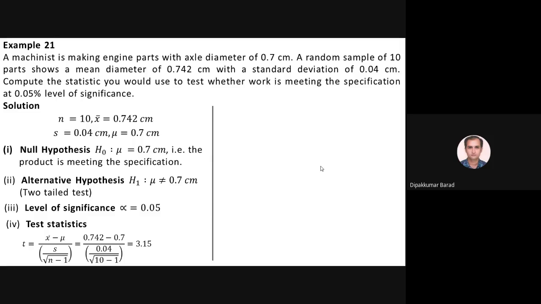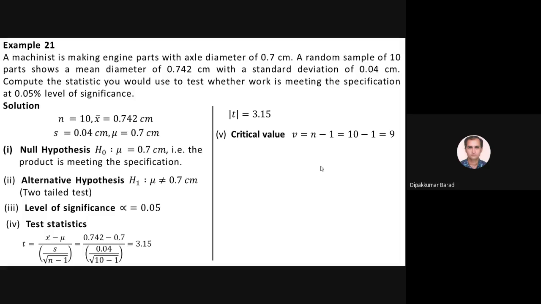Now the test statistic t is x bar minus mu upon s upon under root n minus 1. So x bar is 0.742 minus 0.7 upon 0.04 upon under root 10 minus 1. So t here is 3.15.